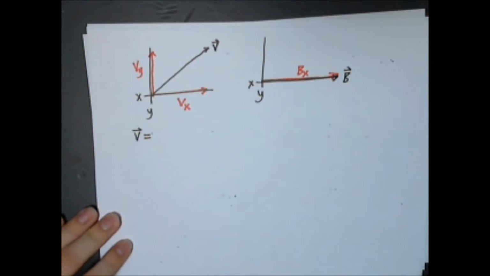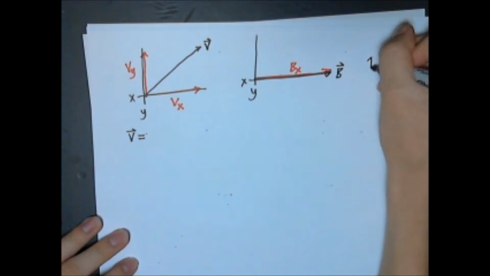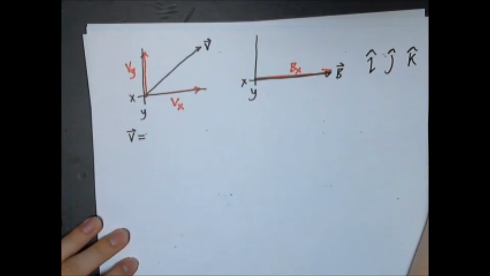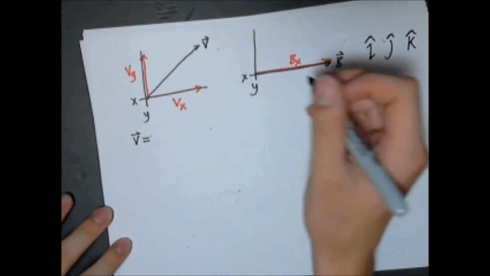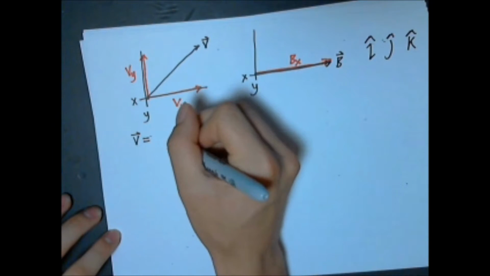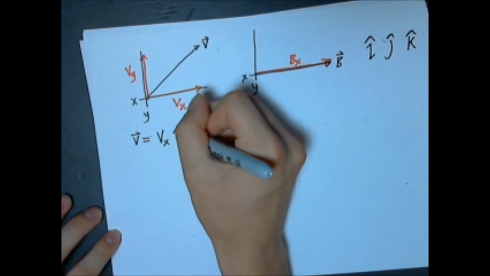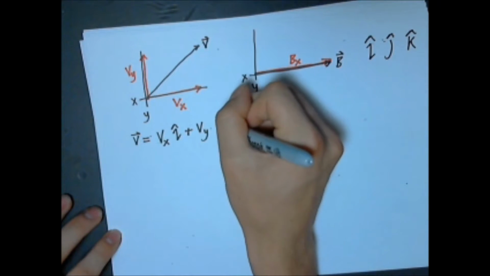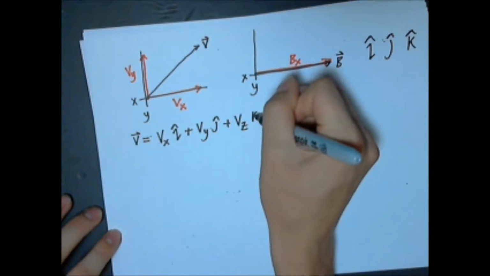Therefore, we introduce i hat, j hat, k hat, with a little hat on top of the i. The i hat represents the x direction. So in this case, we would say v is equal to v sub x i hat plus v sub y j hat plus v sub z k hat.